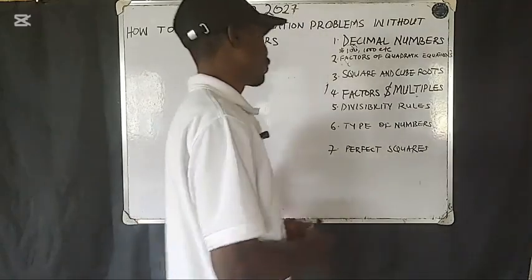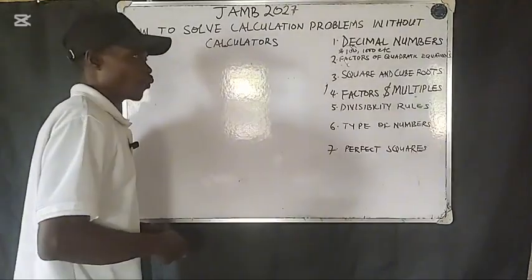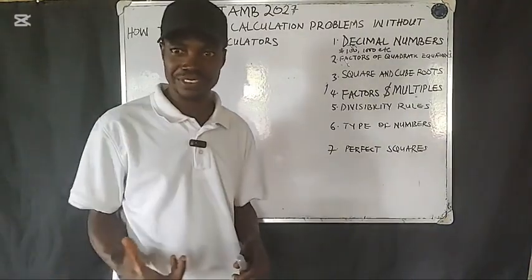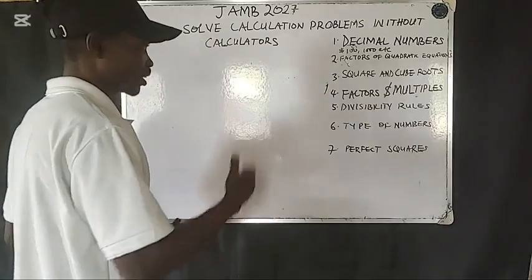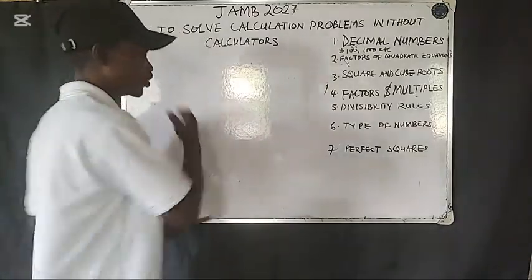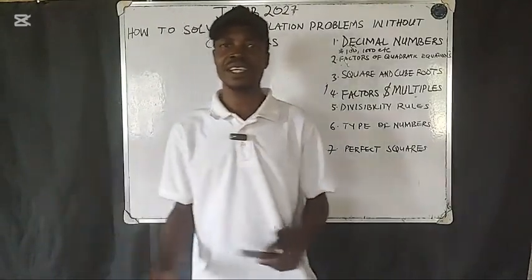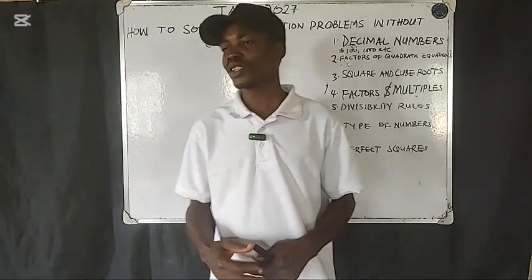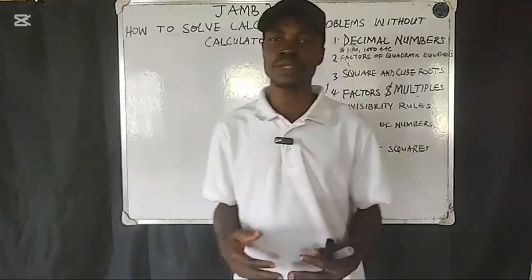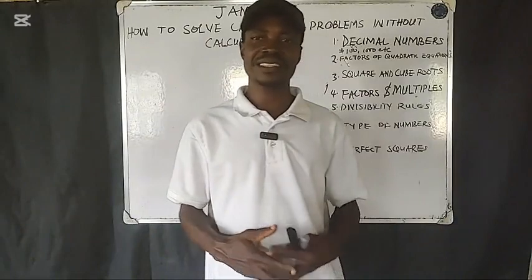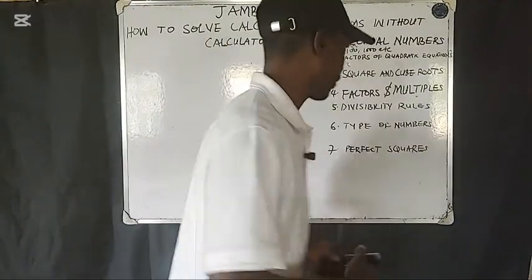That is the rule. 2 can divide a number when the last digit is an even number. We just listed our even numbers: 0, 2, 4, 6, 8, am I right? 2 can divide any number whose last digit is an even number.